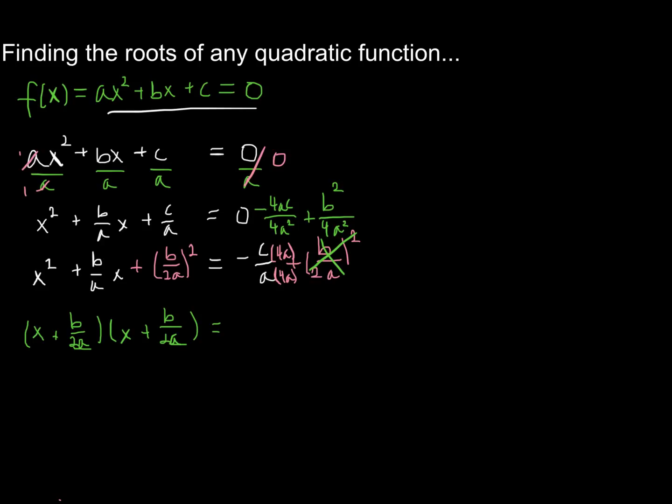I can just rewrite that as the positive value first, so b squared minus 4ac, all over 4a squared. And at this point, you may start to notice that this looks a little familiar, if you can think all the way back to Algebra 1.